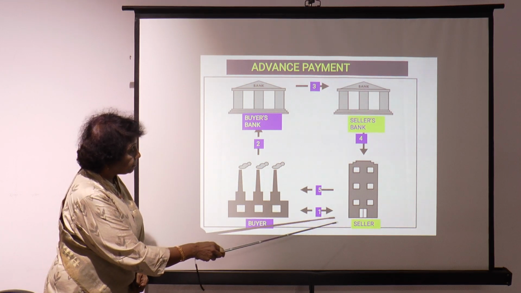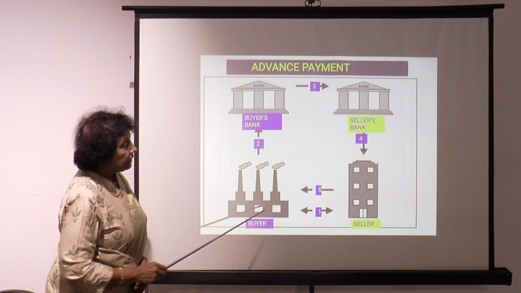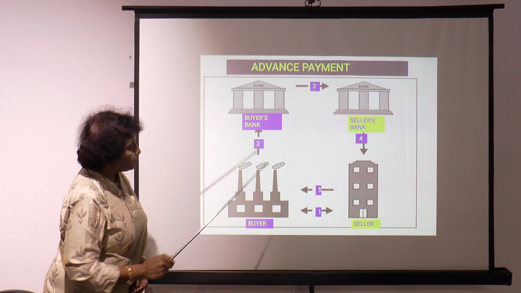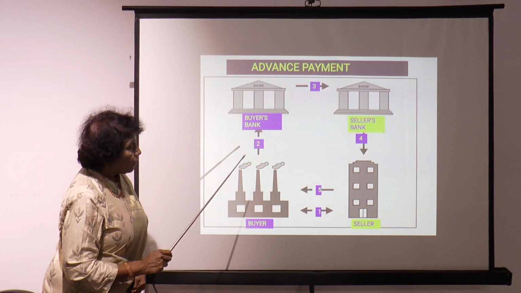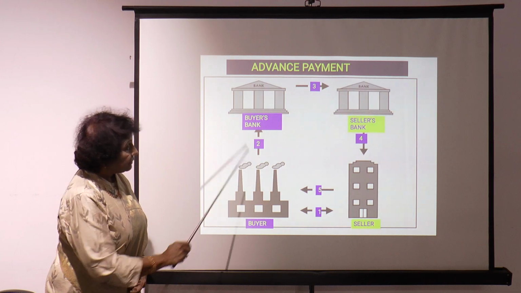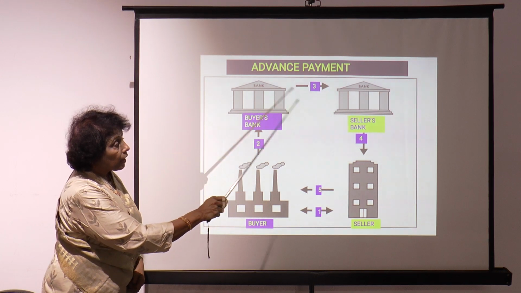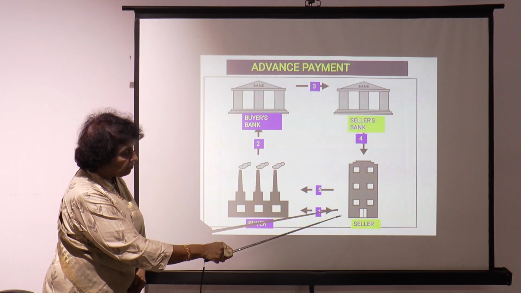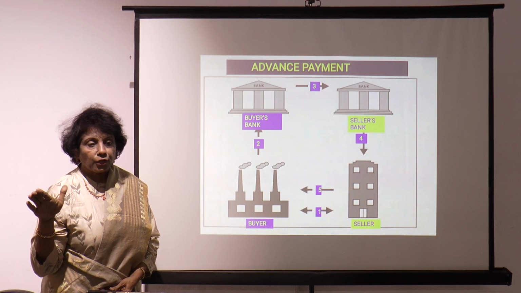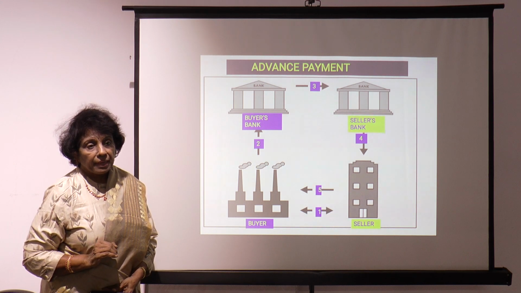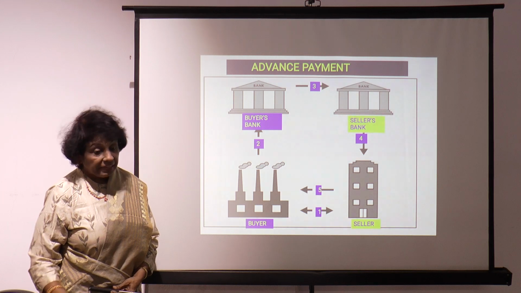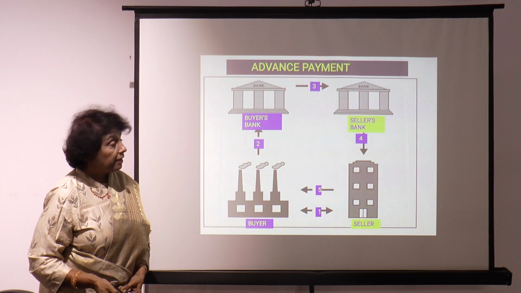Here is the seller, here is the buyer, this is the seller's bank, this is the buyer's bank. In advance payment, first the payment is remitted. The buyer sends it to the buyer's bank, it goes to the seller's bank, and the seller's bank credits the seller's account. So the seller is very secure with advance payment. Least risk to the seller, but very high risk to the buyer.